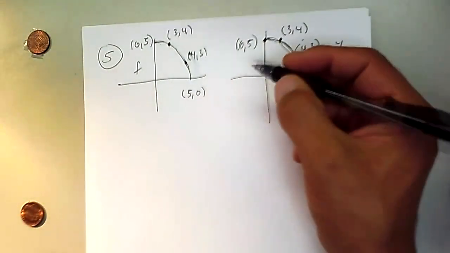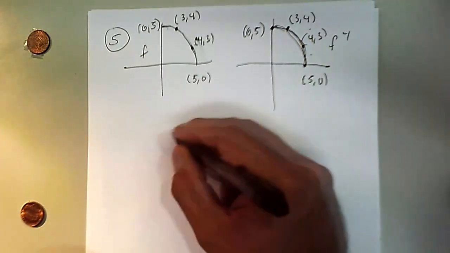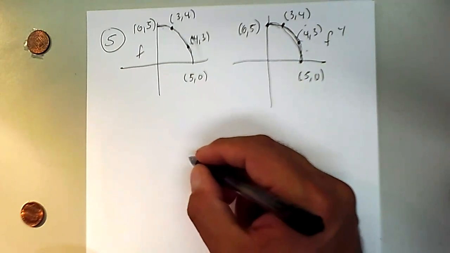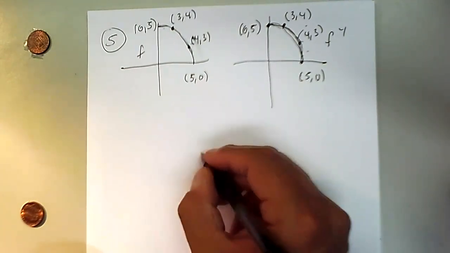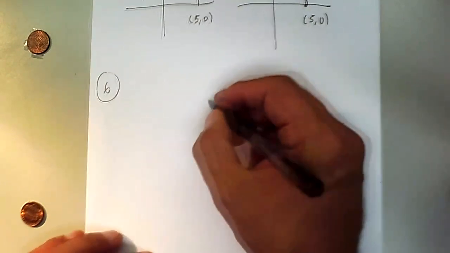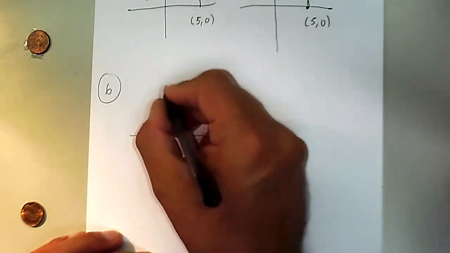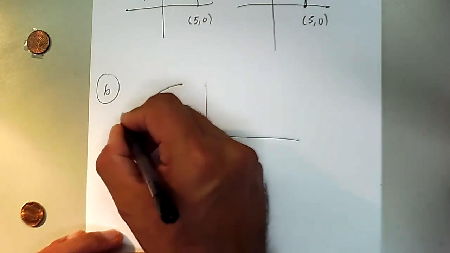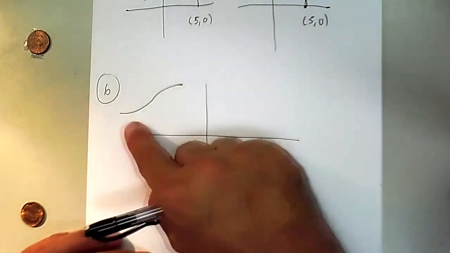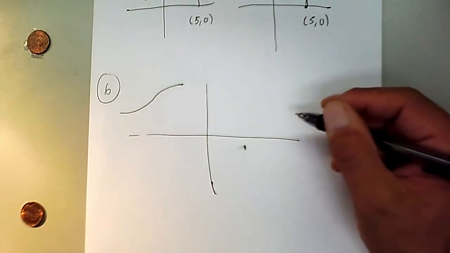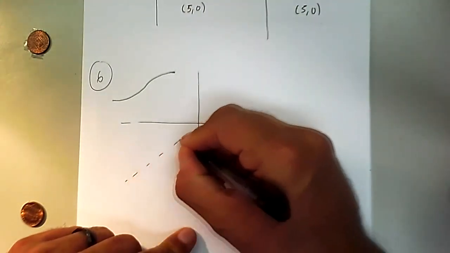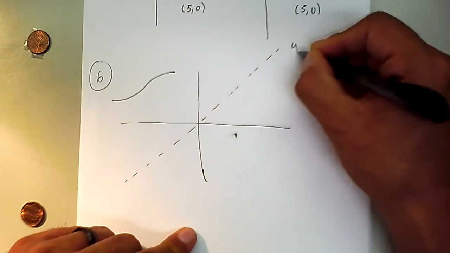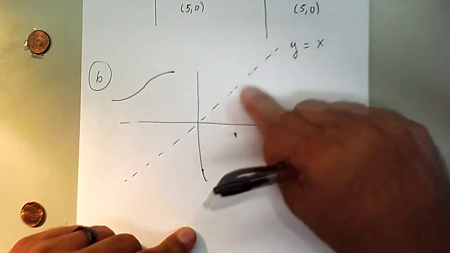So now I'm going to tell you what's going on. Every time you have a function, it doesn't matter what function you have. Example 6. When you have a function that is one-to-one, like an S, we're going to reflect that over this line, y equals x. This is not part of the inverse.